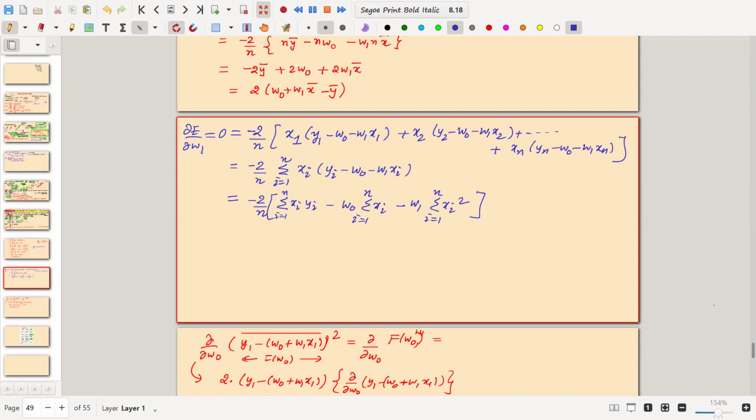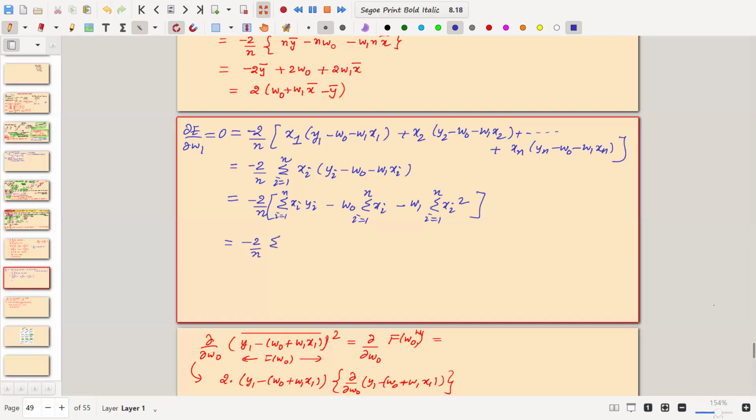Okay. Yes. So can we simplify it further? Can we simplify it further or we'll stop here? What more can we do? Summation xi can be... I feel that this one is good.